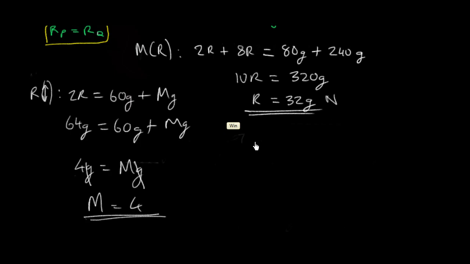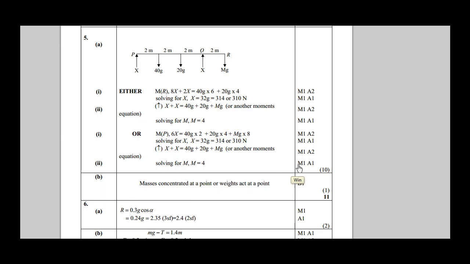If you do it right now with a calculator, you should get 32 times 9.81, which is 313.92, right? But that is just 314 newtons for r. Or you can call it 310 newtons to do significant figures. Okay, the examiner accepts both of them, so you can have both of them, that's fine.